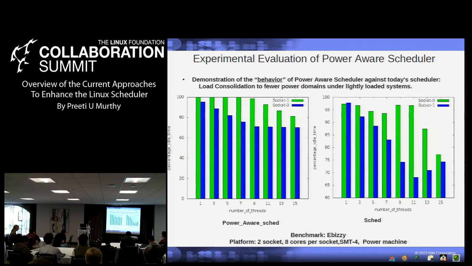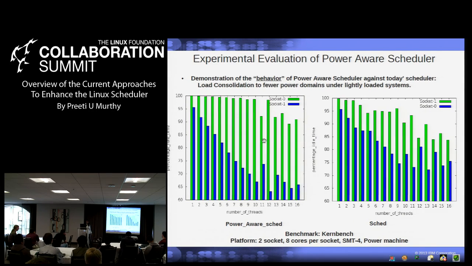It's a 2-socket, 8 cores per socket, SMT4 machine, and again here you see that as long as you spawn threads equal to the number of cores in a socket, there is consolidation of load. But once you spill over, the power aware scheduler falls back to the default scheduling mechanism and ensures that both sockets are occupied. Again you can see on the right hand side that the current scheduler does not do this. This is the result with kernbench on the Power machine.